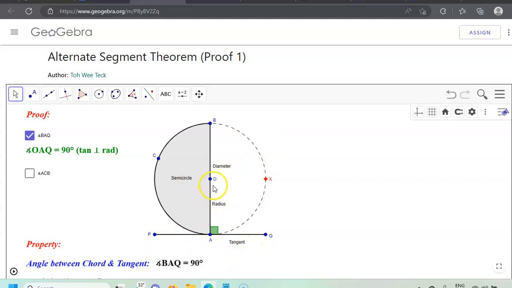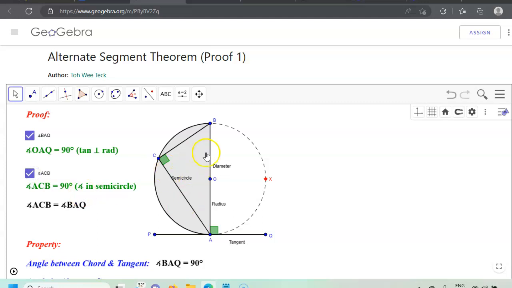So if we are going to have a line that passes through the point of contact, that line will be perpendicular to the tangent line. And we all know that perpendicular lines form a right angle. So we have here angle OAQ is 90 degrees because the tangent line is always perpendicular to the radius, or to the line that passes through the point of contact.